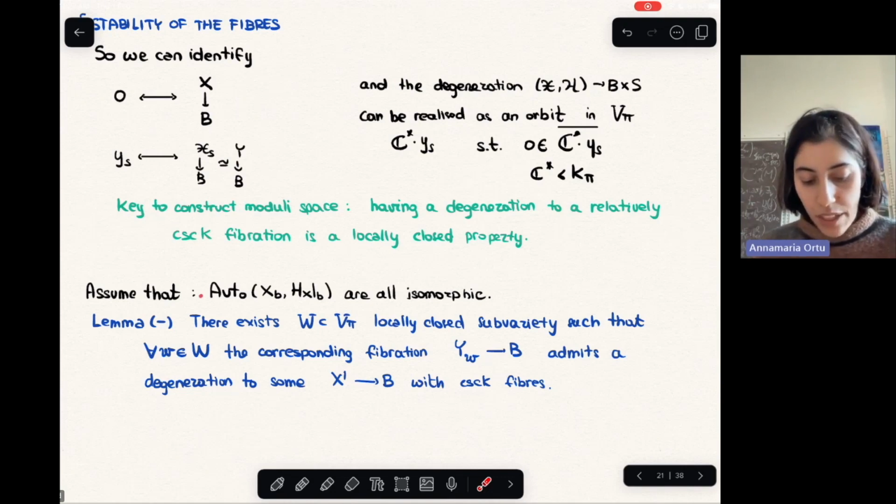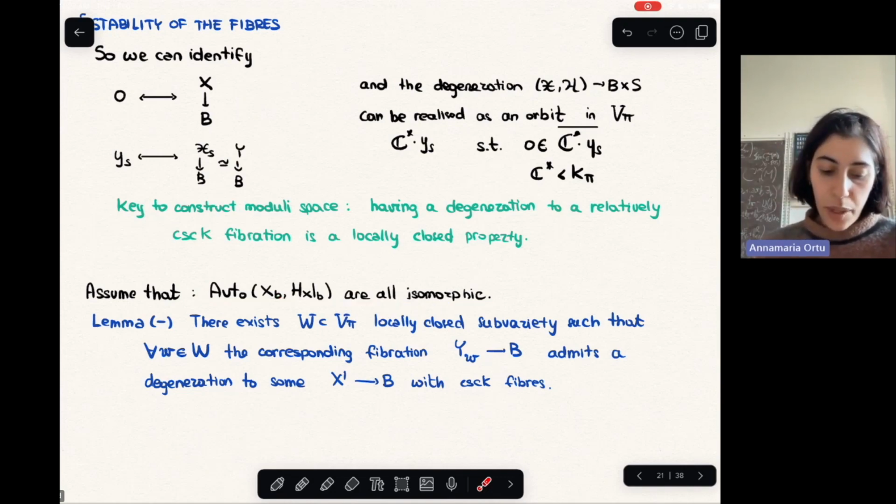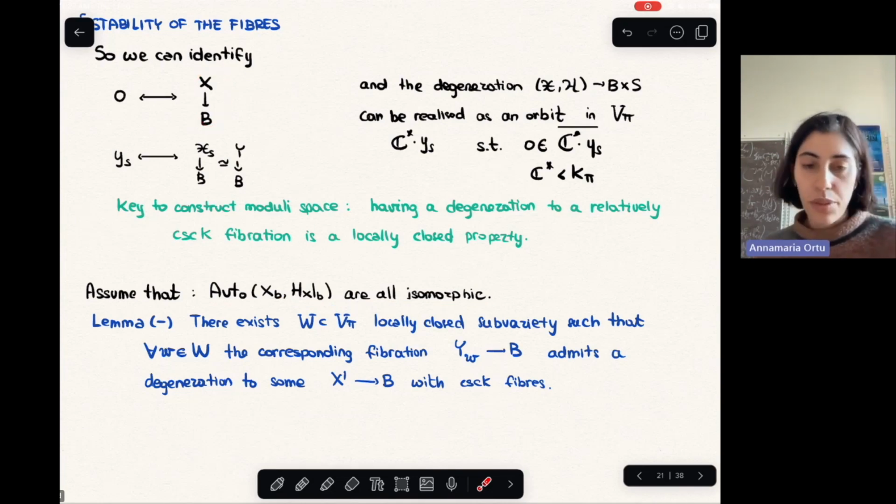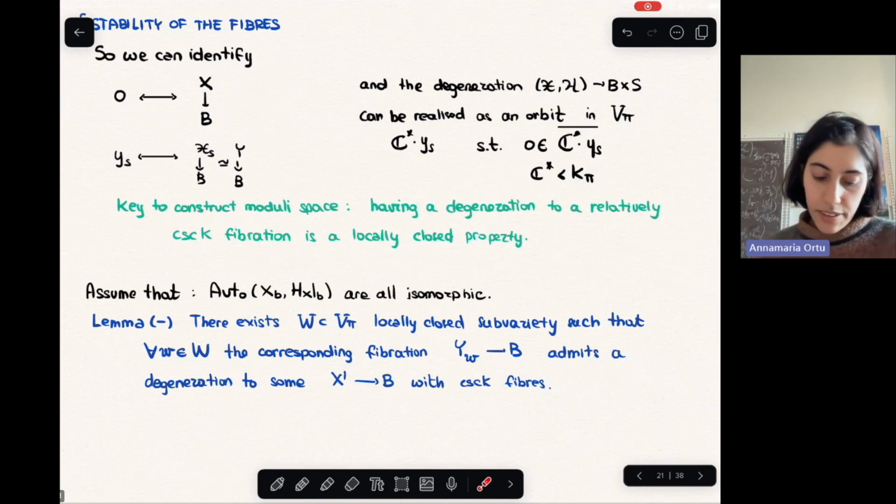So we need an extra assumption, and this assumption is that all the fibers of X over B have the same automorphism group, or isomorphic automorphism group. This is a technical assumption, but it's involved in many parts of this theory.